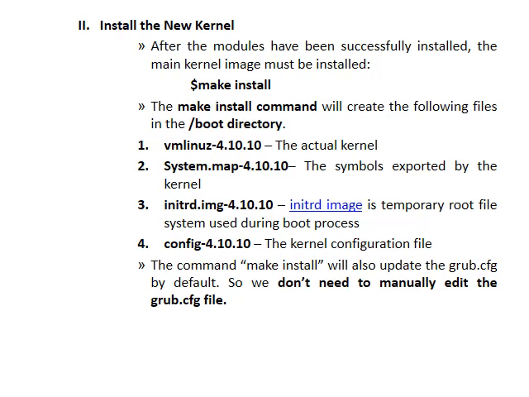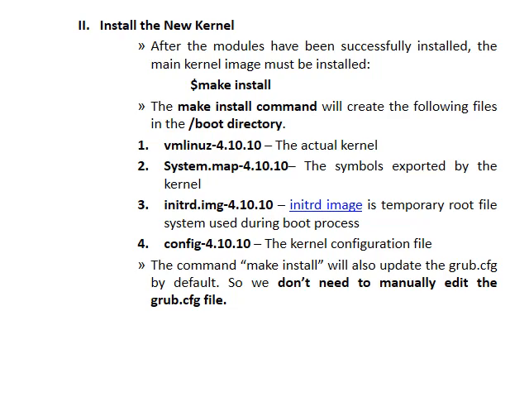Number one, in the /boot directory, vmlinuz-4.10.10, the actual kernel; System.map-4.10.10, the symbols exported by the kernel; and initrd.img, that is the initrd image, a temporary root file system used during the boot process. And the last one is config-4.10.10, the kernel configuration file.